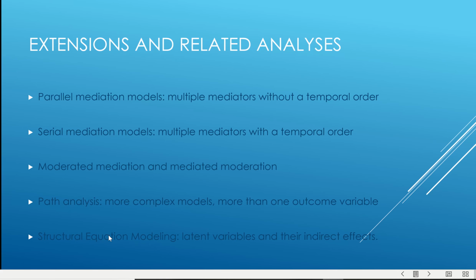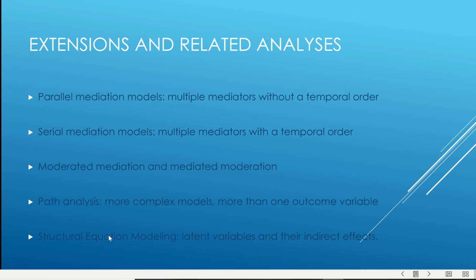So there are extensions and related analyses. So the simple regression basics that we just went over can be extended to more complex models. So, for example, parallel mediation involves having multiple mediators where you don't assert a temporal order for the mediators.